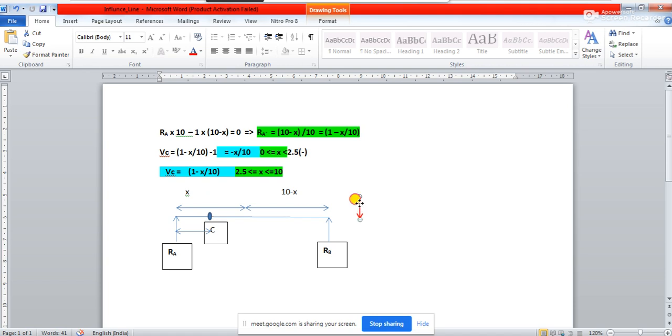For any variable position of this load, we found in the previous class what the shear force will be.